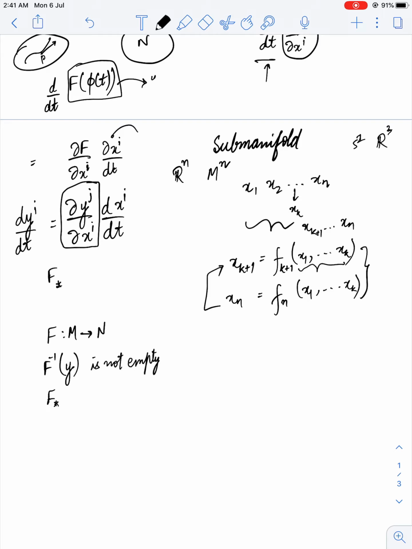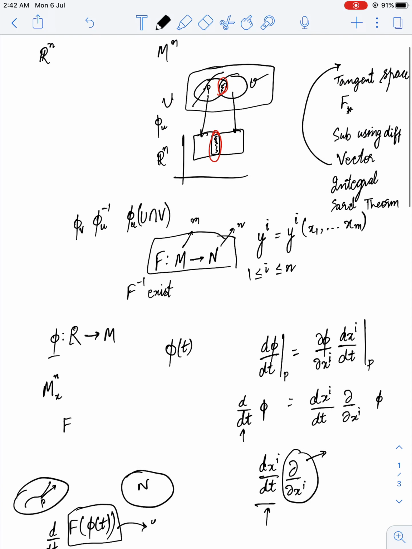And if the differential at a point in f inverse y is onto, then we can say one thing, that f inverse y forms a submanifold of Rn. That's what it says. Yeah, this is the theorem.